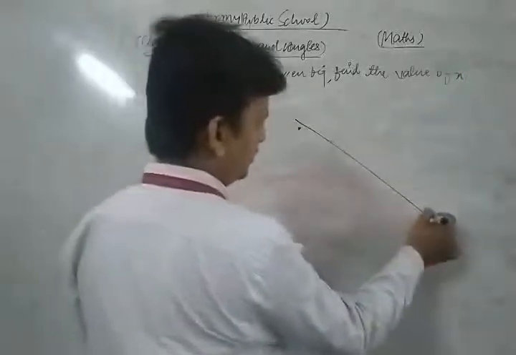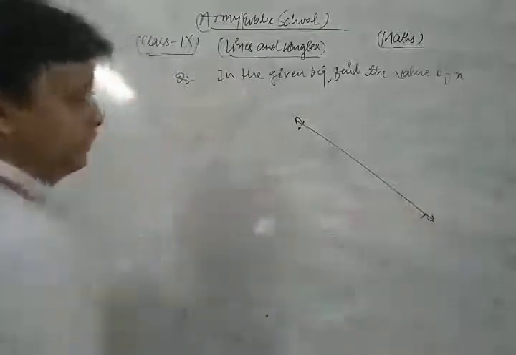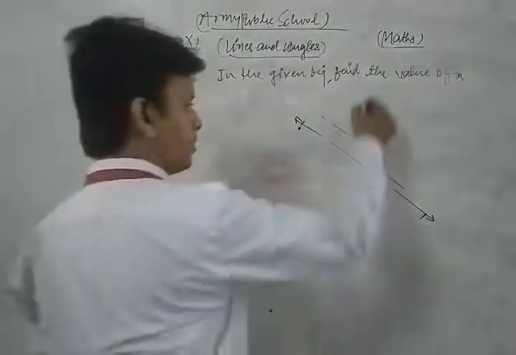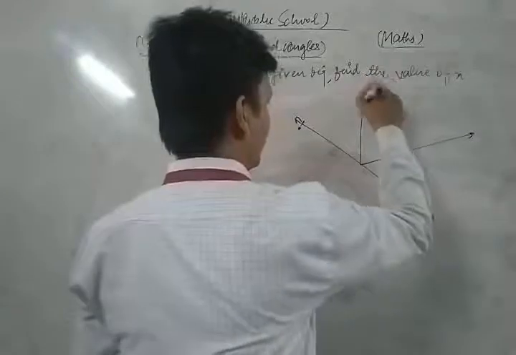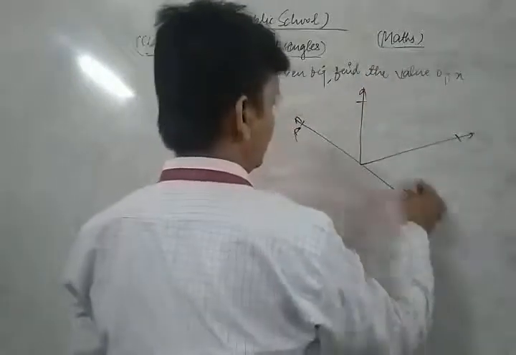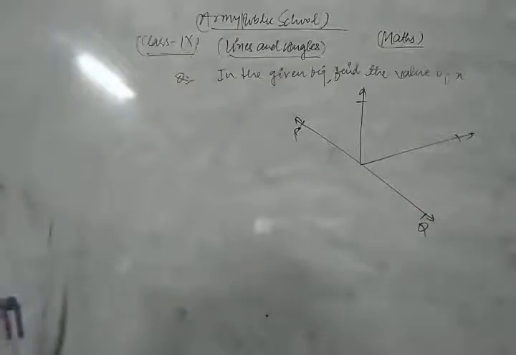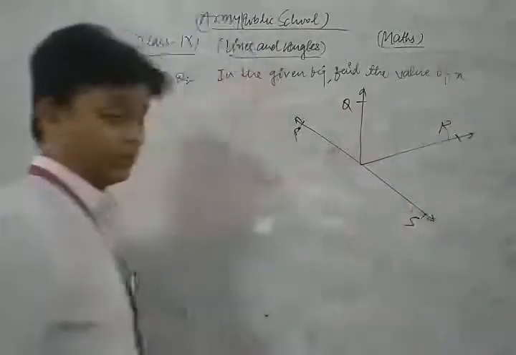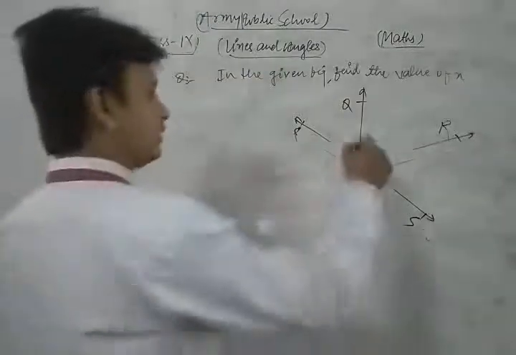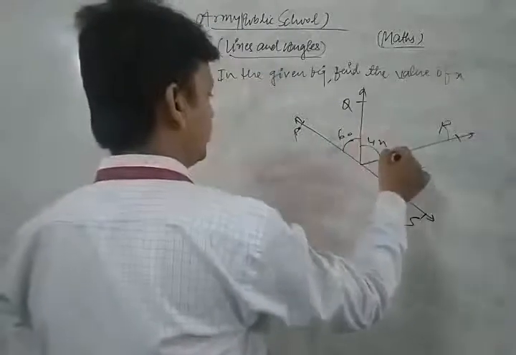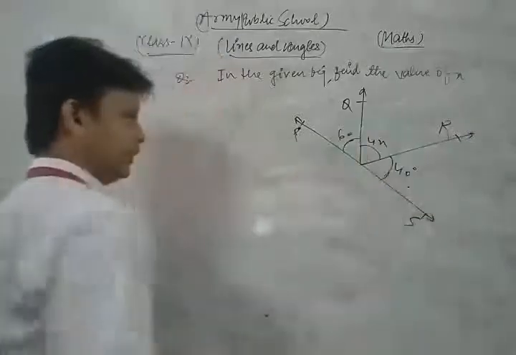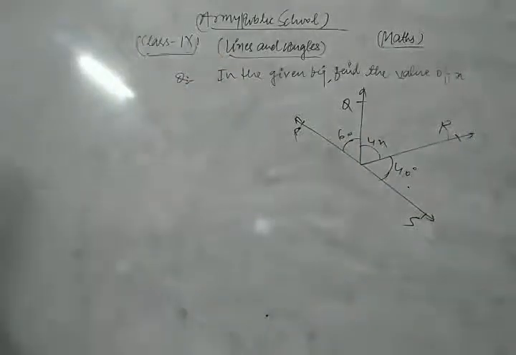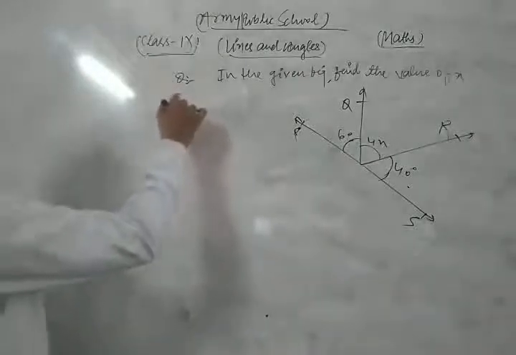Now your figure is, look, P, Q, R and S. Okay, and here 60, 4x and 40 degrees. Okay, so now look, let's see its solution.